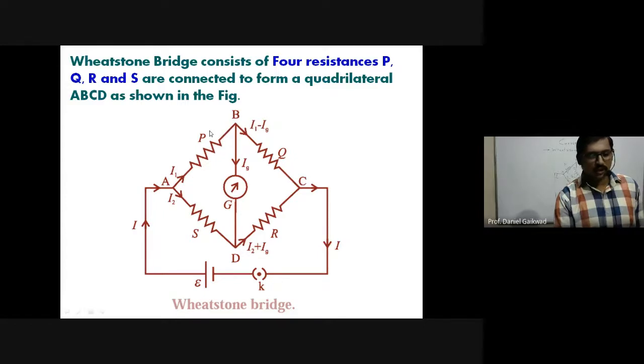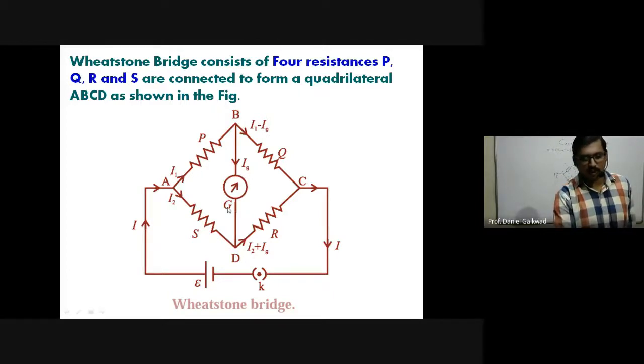So the potential difference across P is I1 into P, and the sign is negative, so minus I1P. Next, the current Ig is in the same direction as the direction of traveling, so Ig into G, again with a minus sign: minus IgG.